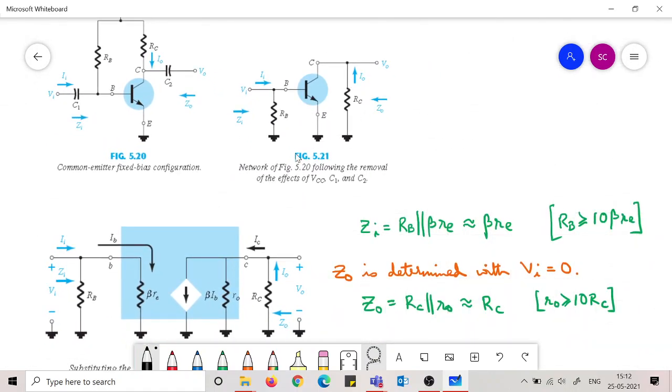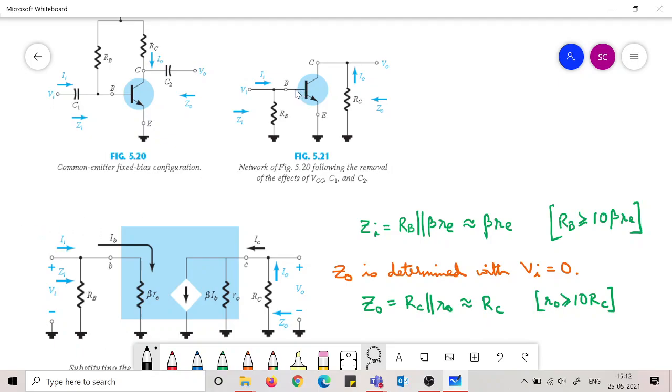Now this is the AC equivalent circuit, but the BJT is not in an re equivalent model. We have to change this to an re equivalent model. Very simple. You draw this much part first.